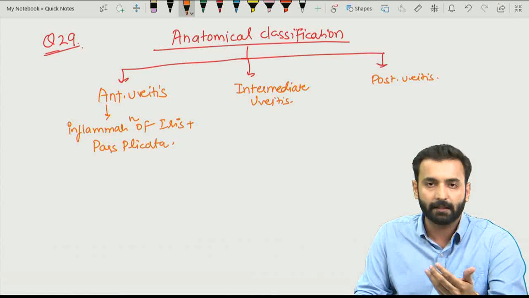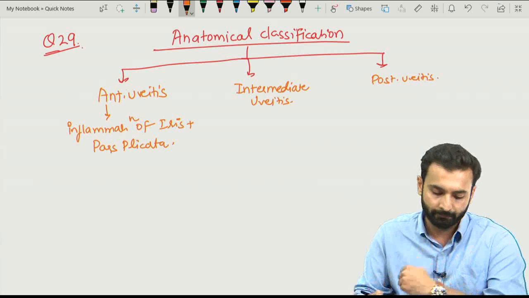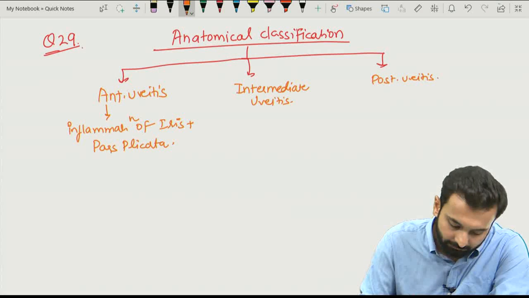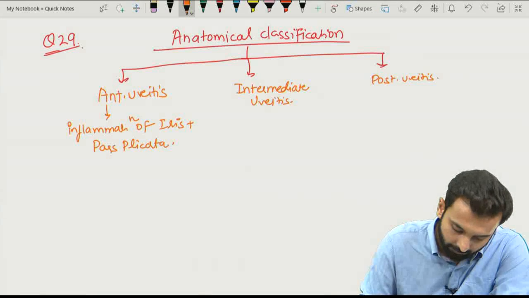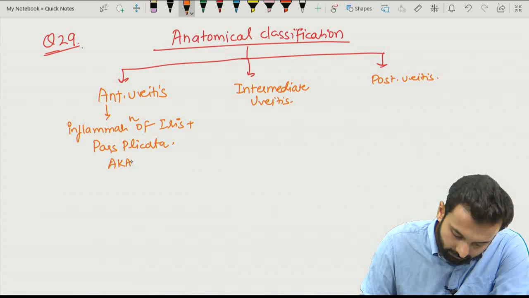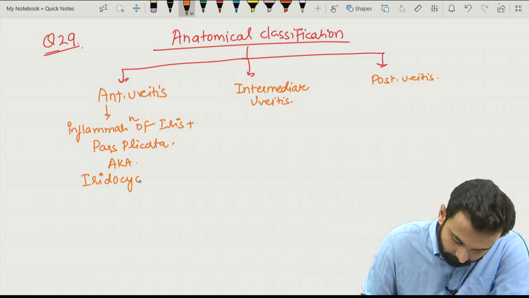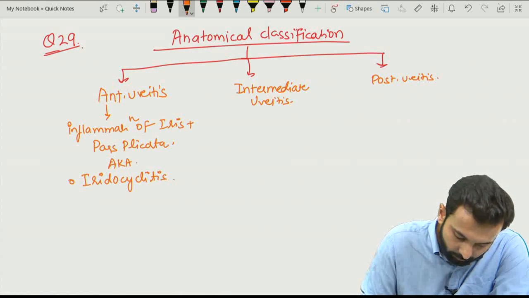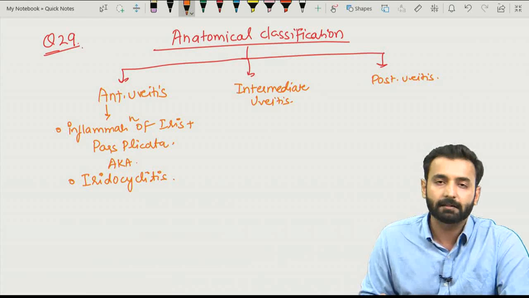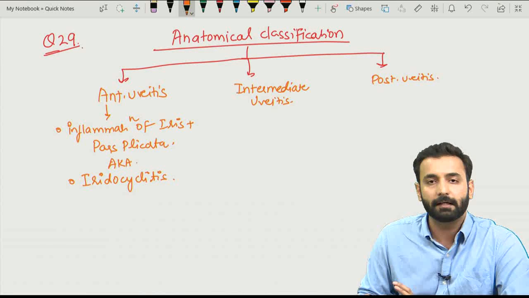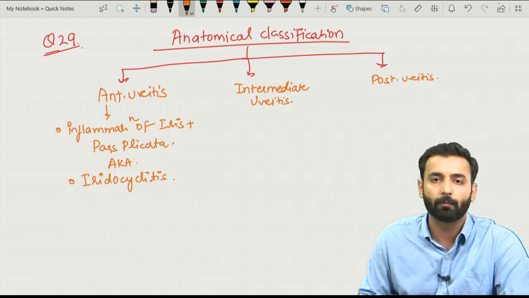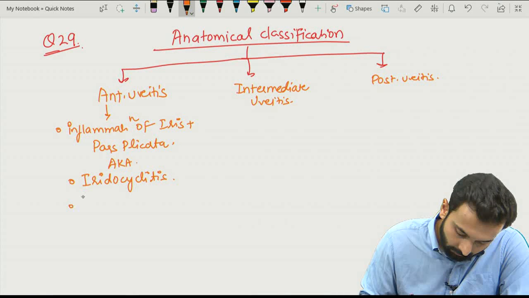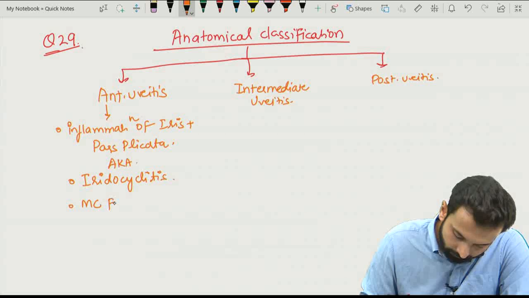Pars plicata lies anteriorly and pars plana lies posteriorly. So in anterior uveitis there is inflammation of iris and pars plicata. It is also known as iridocyclitis, and just remember that anterior uveitis is the most common form of uveitis.